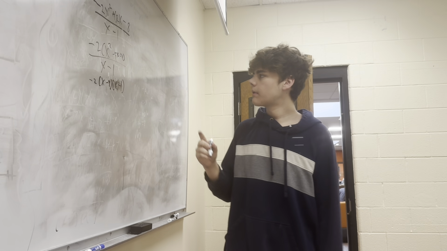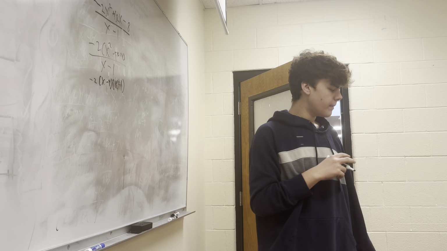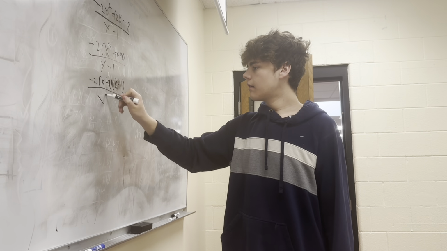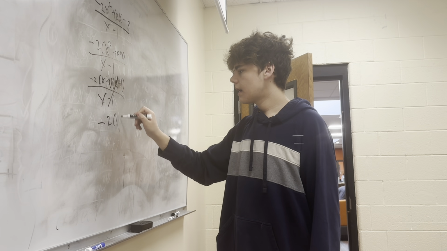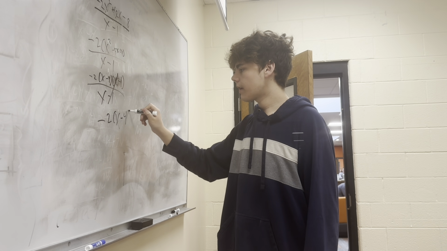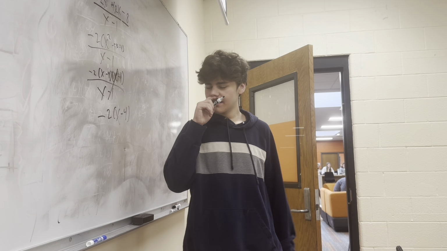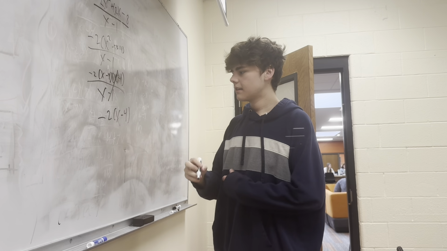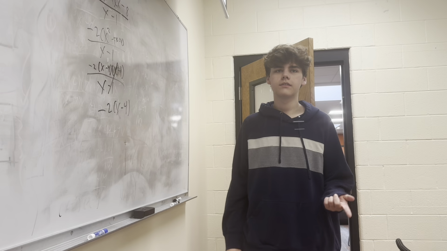That multiplies to positive 4, adds to negative 5, and then basically you now have an x minus 1 on both top and bottom. Cancel that out, and you have negative 2 times x minus 4, and then no bottom. So with this, there is no horizontal asymptote because you have to have an x on top and bottom. In this case you don't.